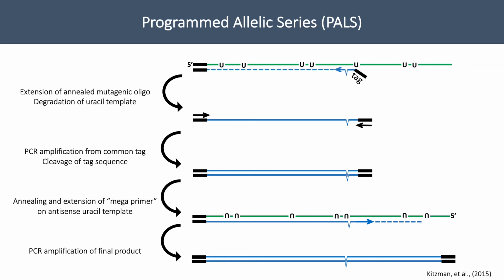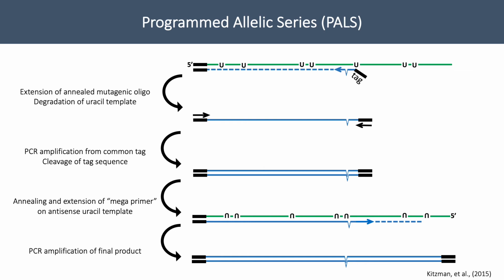Another relatively new method that has been developed is called programmed allelic series. It also requires a single-strand uracilated template. So in the first step, it just uses a uracilated forward strand, and to this is annealed a 5' tagged mutagenic oligo.